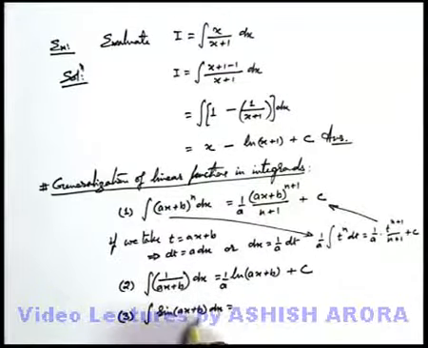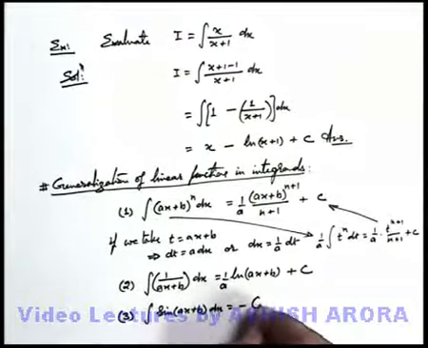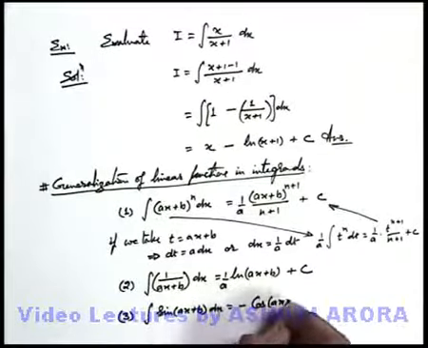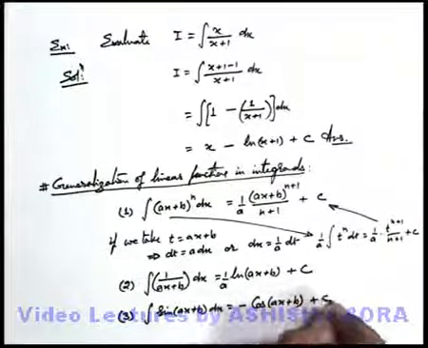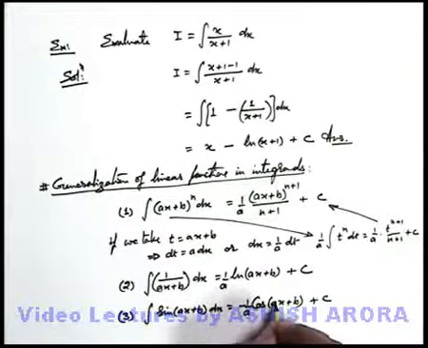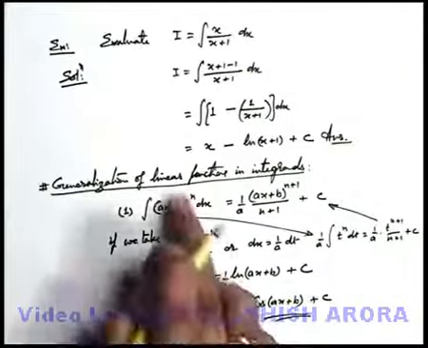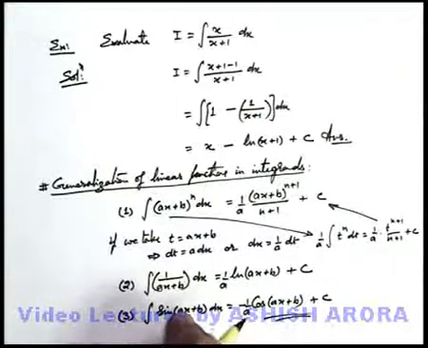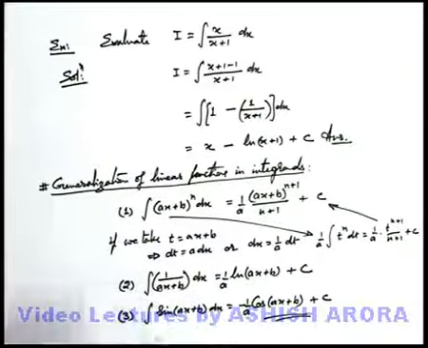You can always regard this as a single variable t. Sin t integration will be minus of cos of ax plus b plus c, but divide here by a, where a is the coefficient of x. In this manner you can generalize all functions or all integrands which contain linear functions.